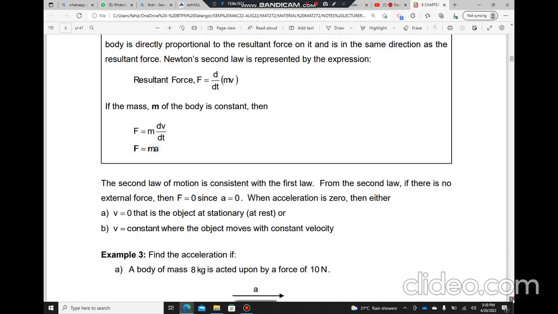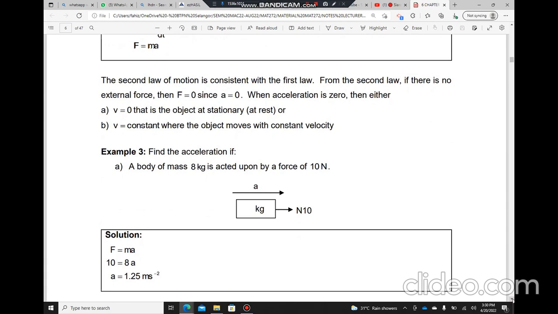Okay, so kita tengok pada example. Okay, find the acceleration if a body of mass 8 kg is acted upon by the force of 10 Newton. Okay, yang ni pun dia silap ni 10 Newton bukan N10. Okay, so kita akan guna formula F equals to ma. So force dia bagi tahu kat sini is 10 Newton.